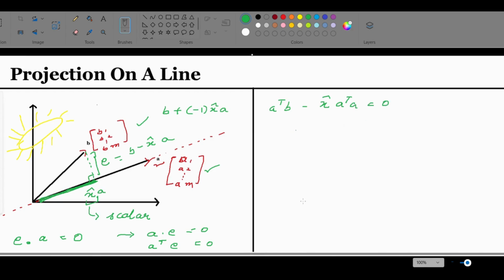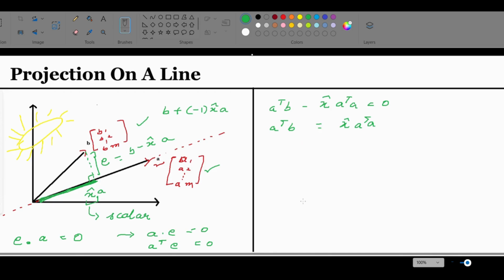Let's rewrite this as A transpose B is equal to x cap A transpose A. What we want to find out from this equation is x cap. And why? Because x cap will tell us the proportion of A that this projection of B is actually equal to.